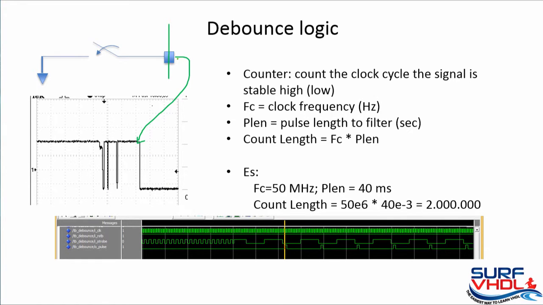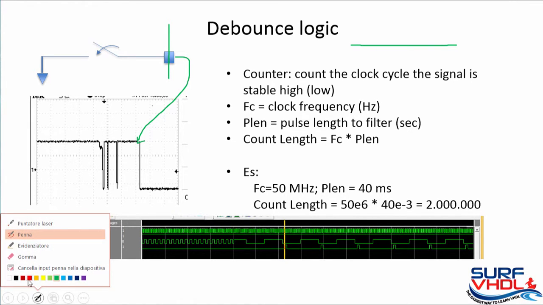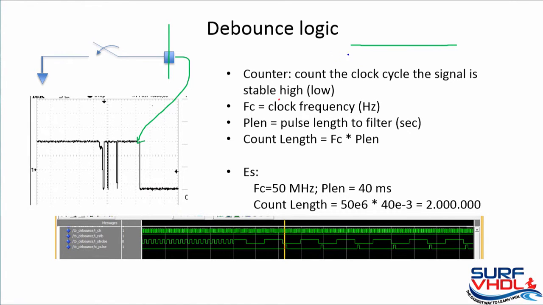at the input. Why? We can represent the analog threshold at the input of the FPGA. We can represent the analog signal when we close the switch as something like that.